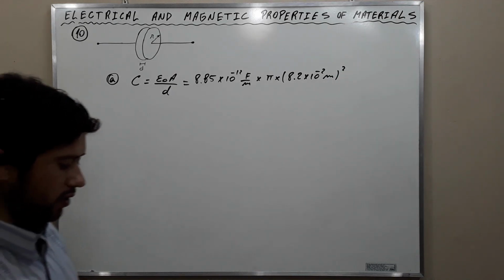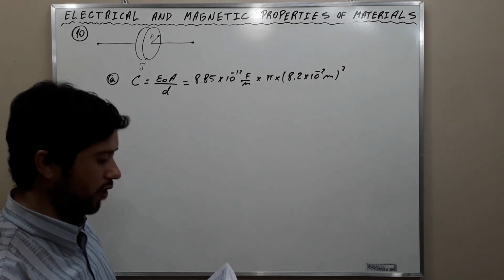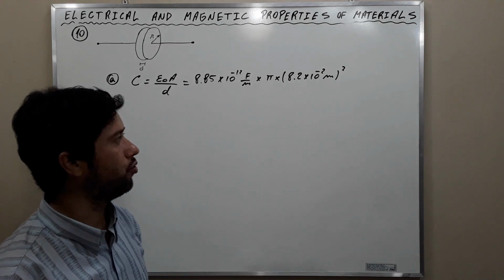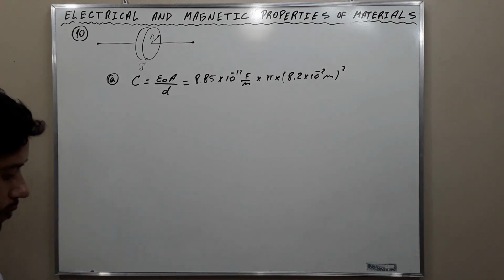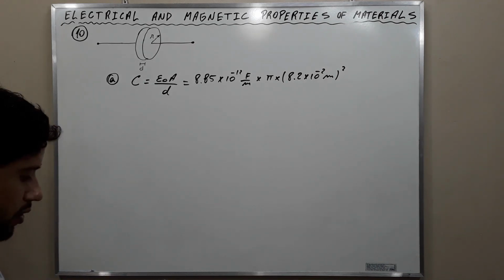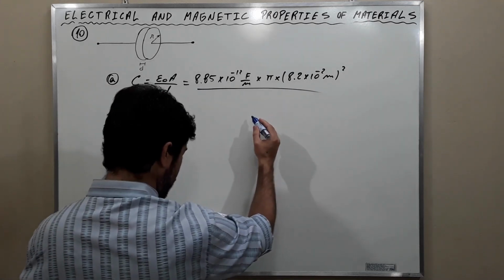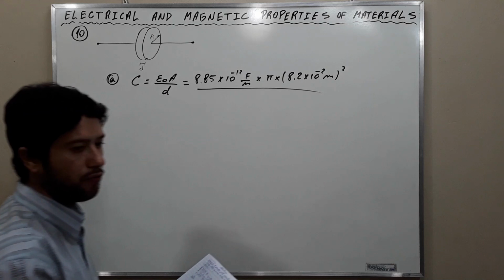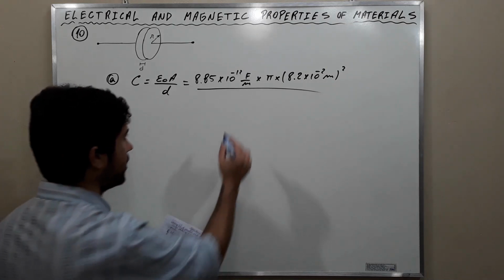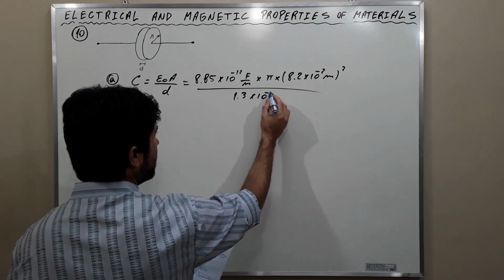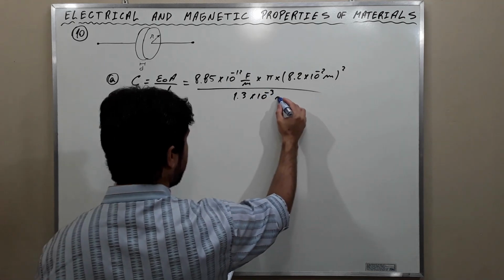It was given that the radius of the circular plates is 8.2 centimeters, and the separation is 1.3 millimeters. We convert it to meters, and it becomes 1.3 times 10 to the negative 3 meters.